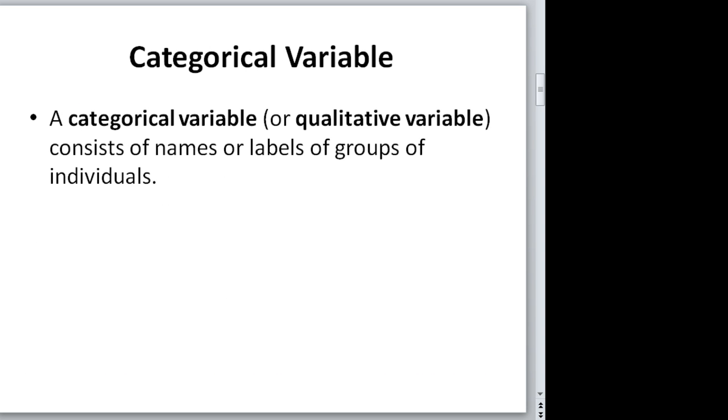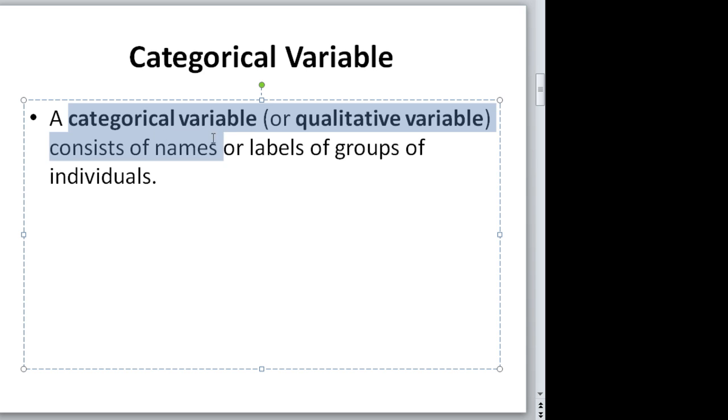So let's talk about categorical variables first. A categorical variable is also known as a qualitative variable. It consists of names or labels of groups of individuals. So a categorical variable means the variable that we are dealing with is in non-number form. What could be a non-number or qualitative variable?